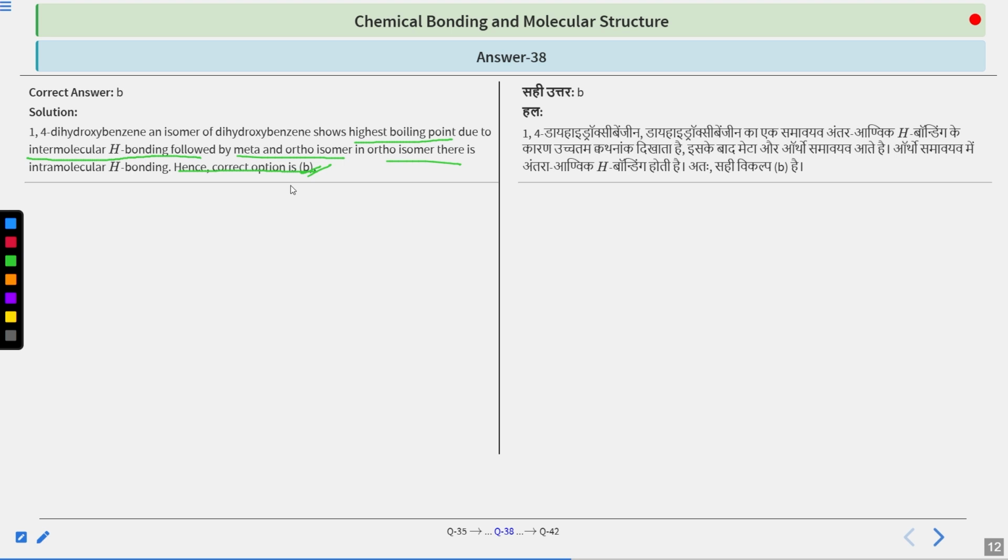What we will say is that due to the intramolecular hydrogen bonding present in ortho, it is easier to break the interaction between the molecules, as there is no intermolecular hydrogen bonding. So it will be easier to break through, and the boiling point will decrease for the ortho isomer. Clear? So the correct option is B.